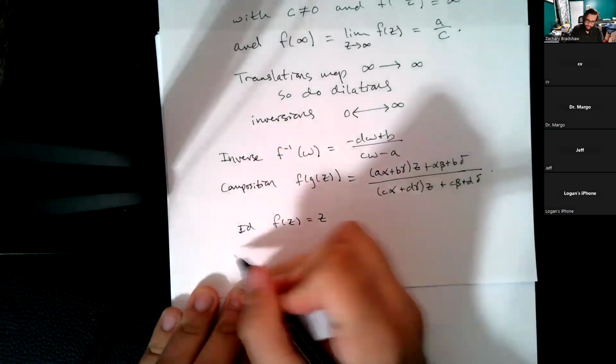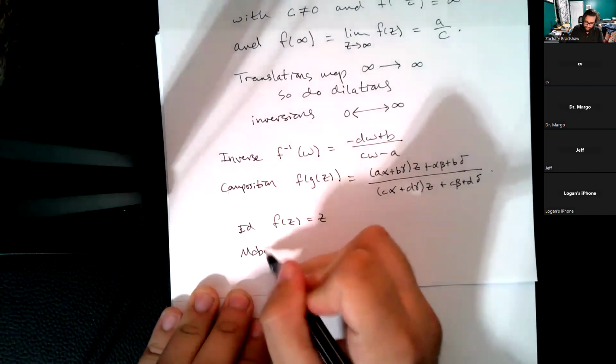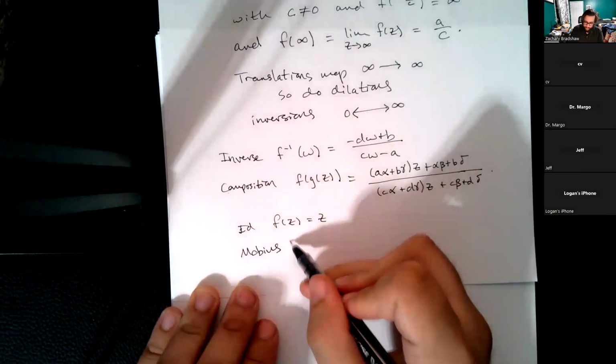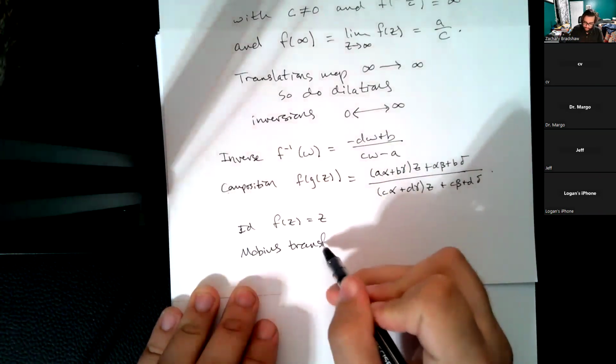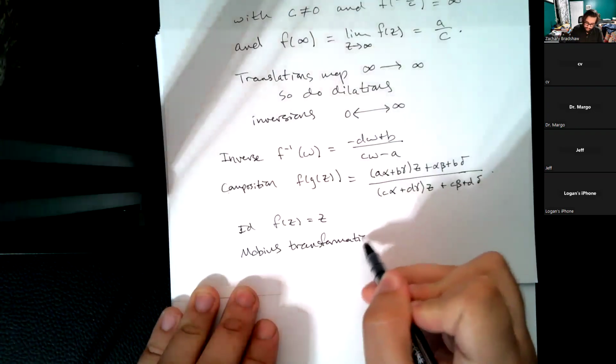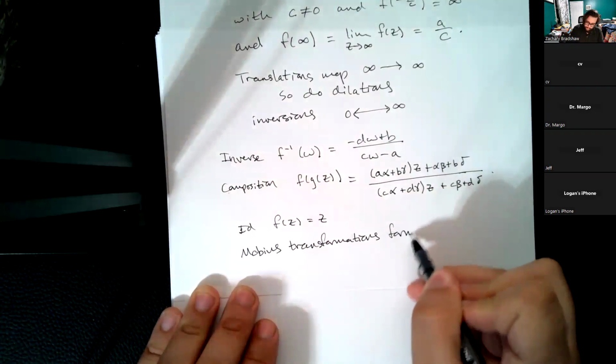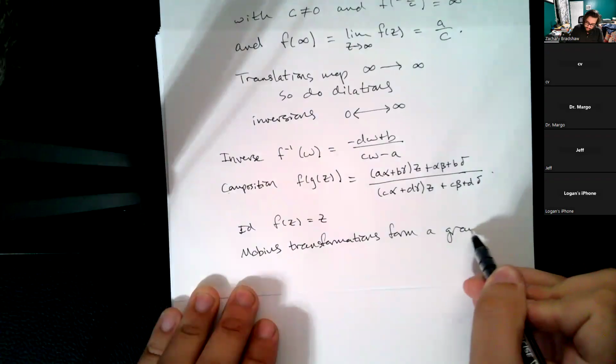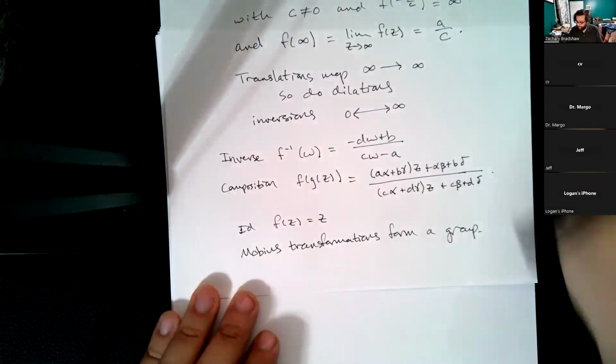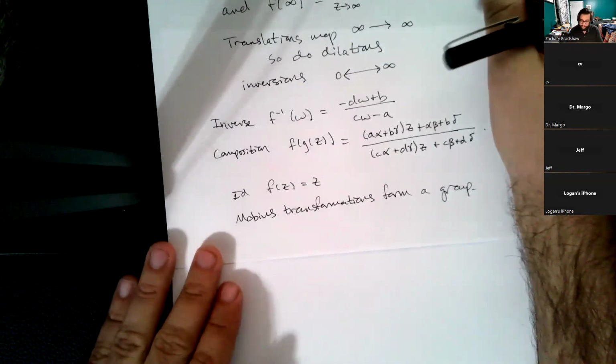So we have that Mobius, or fractional linear, whatever, transformations form a group. And even more interesting, there's a map.